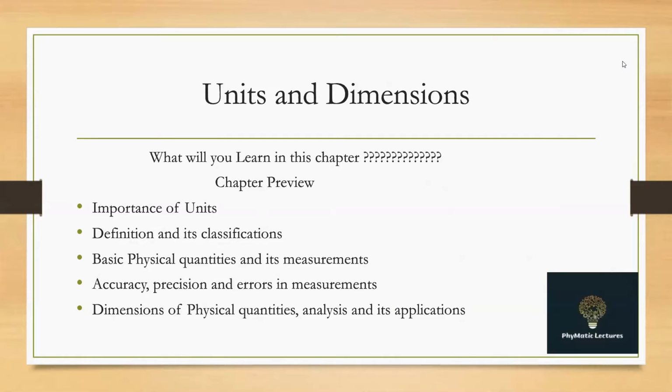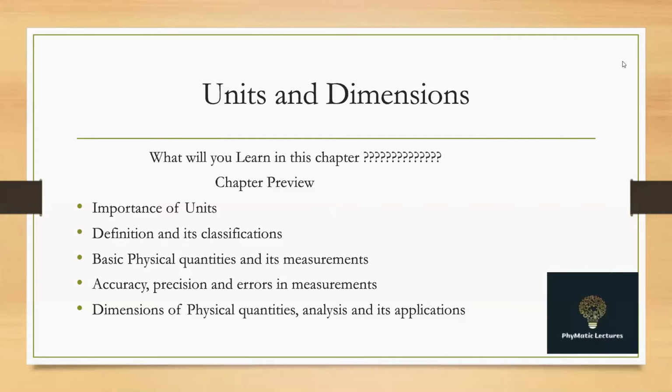Then, after learning about measuring these physical quantities, we know that humans are imperfect, right? So our instruments are also imperfect. So measuring the distance or the time or the mass also has error, right? So we are going to deal with the accuracy of measurement, precision, and errors.